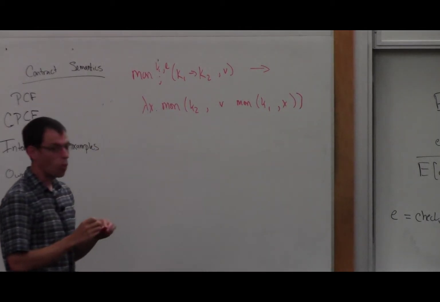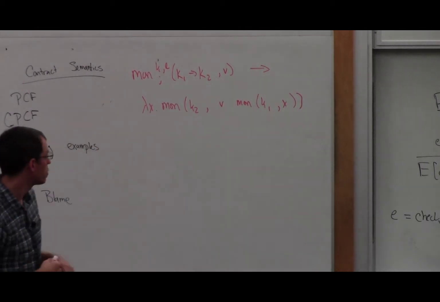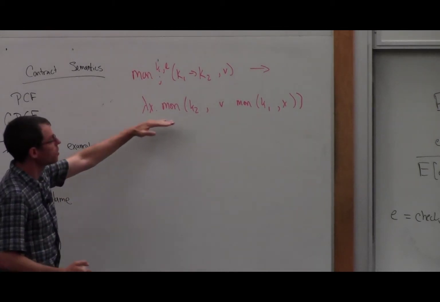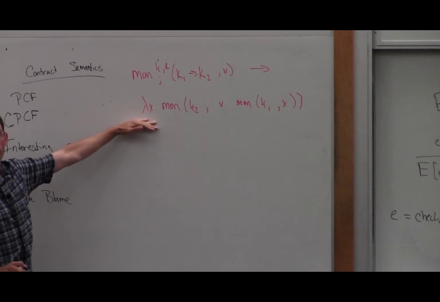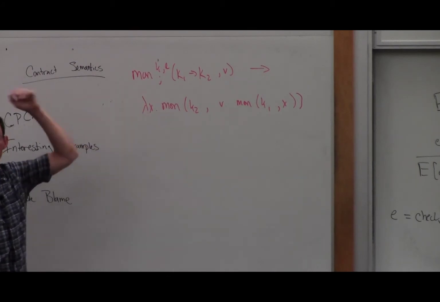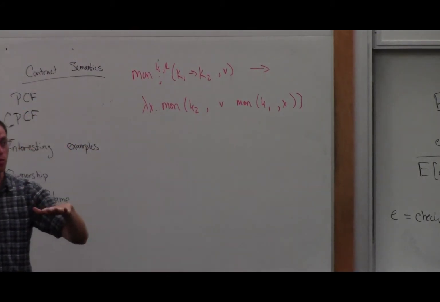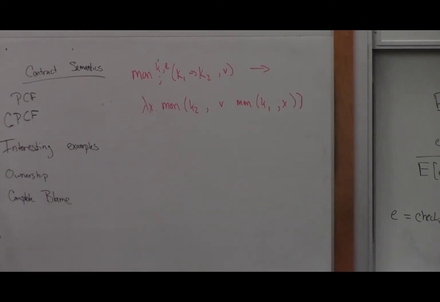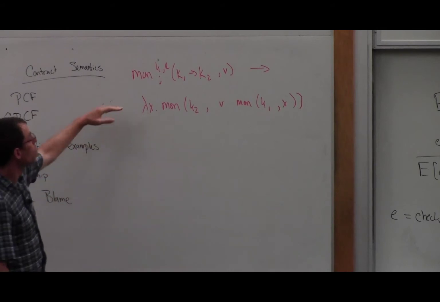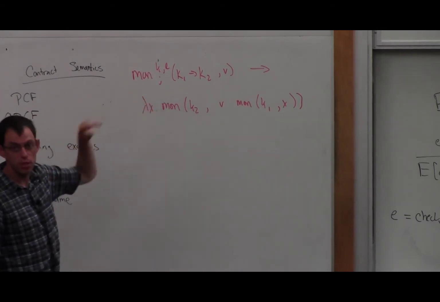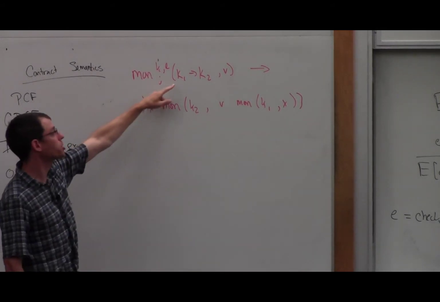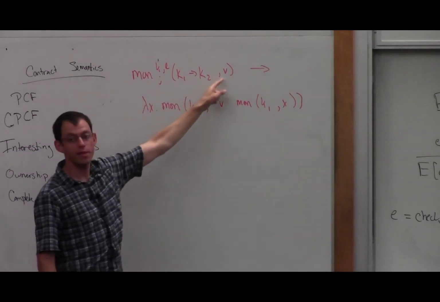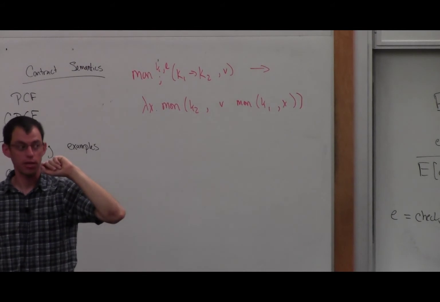Okay, so let's walk through the details of this rule. That's the full rule. I've left out the blame labels on the right-hand side here. So let's think about this without the blame labels, and then we'll talk about what the blame labels are supposed to be. We have a function that's supposed to take in things that match K1 and produce things that match K2. We want to check that V is actually something like that.